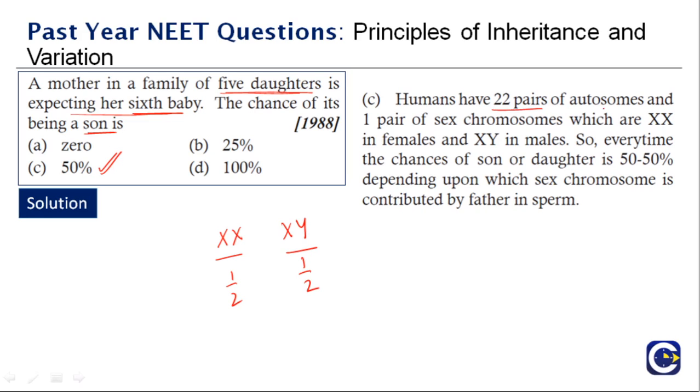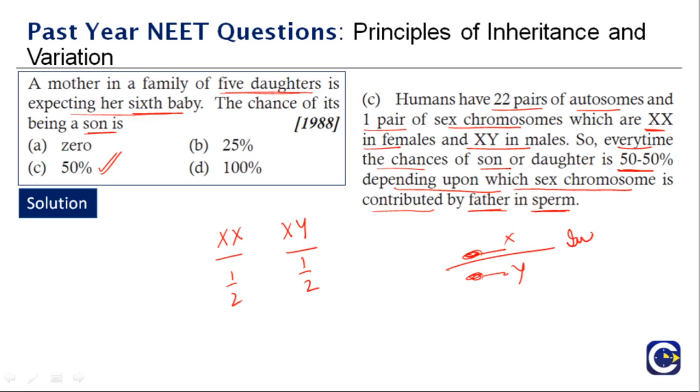Humans have 22 pairs of autosomes and 1 pair of sex chromosomes, which are XX in female and XY in male. So every time the chance of son or daughter is 50-50% depending upon which sex chromosome is contributed by the father in the sperm, whether it contributes X or whether it contributes Y, and these are always independent events.